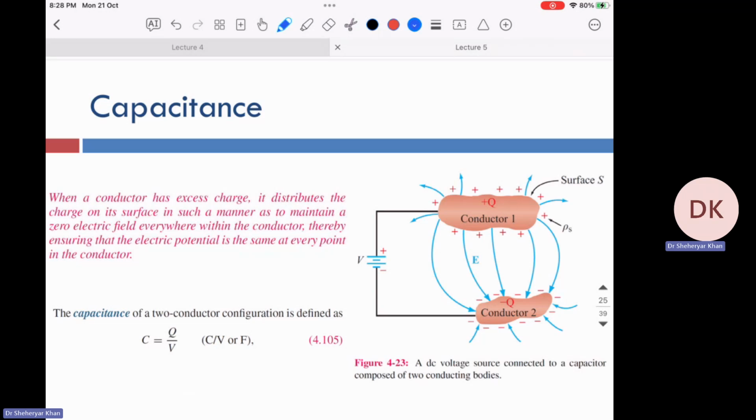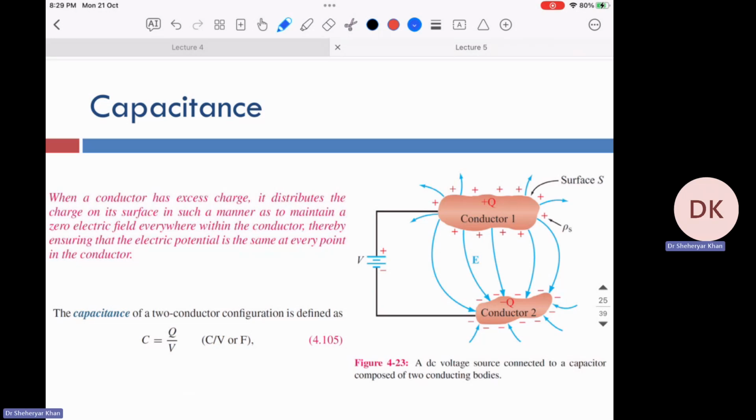And when you provide some voltage, it will develop charge on its plates, and these two conductors will deposit charge on their surfaces, and that charge will have some electric field between them. Okay, and they will continue to keep this electric field even though you remove the voltage source. Okay, that's the capacitance, that's the capacitor.